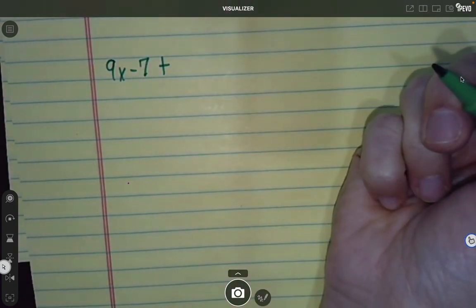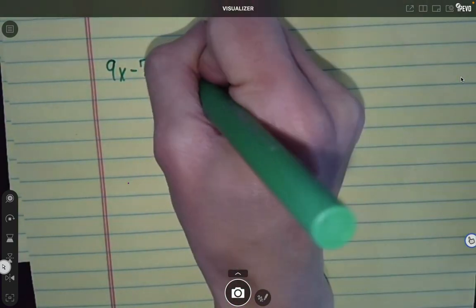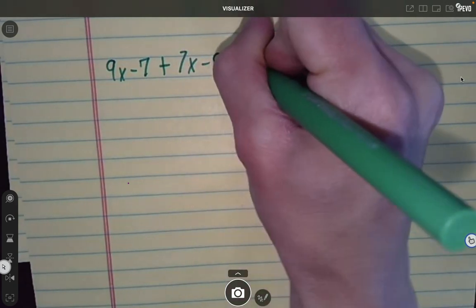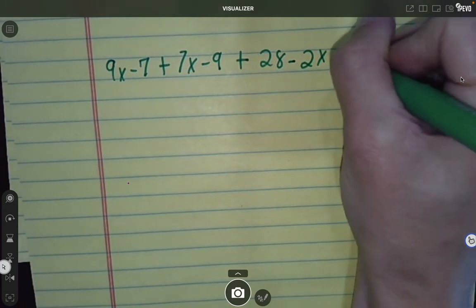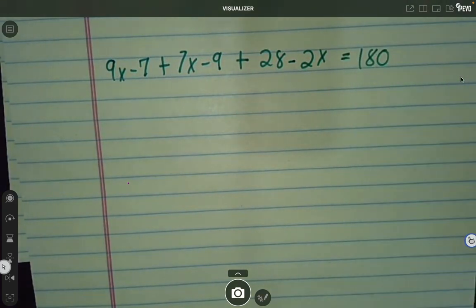Then I'm going to add my next angle, 7x minus 9. And then I'm going to add my last angle, 28 minus 2x, and they all add up to 180. Does everybody agree with that? If I add the 3 angles together, they would add up to 180 degrees, because I know that about triangles.